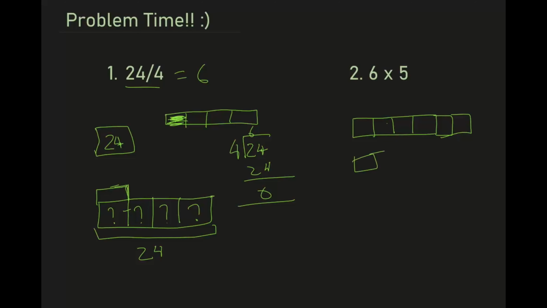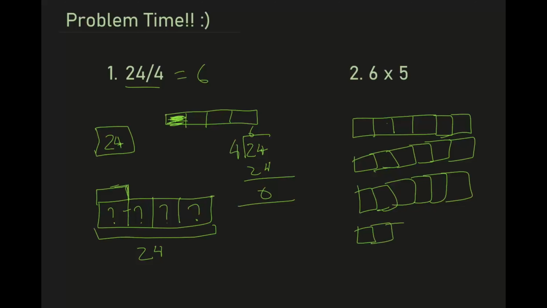So 1, 2, 3, 4, 5, 6. We have 2, 1, 2, 3, 4, 5, 6. We have 3, 1, 2, 3, 4, 5, and 6. We have 4, and one last one. 1, 2, 3, 4, 5, and 6.